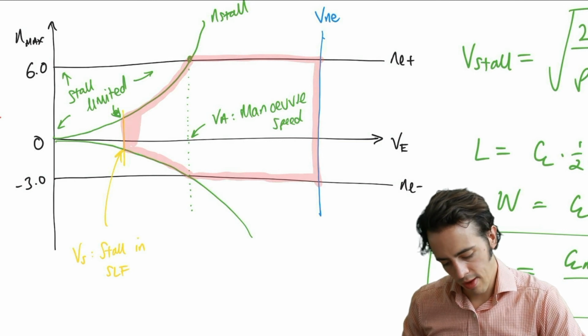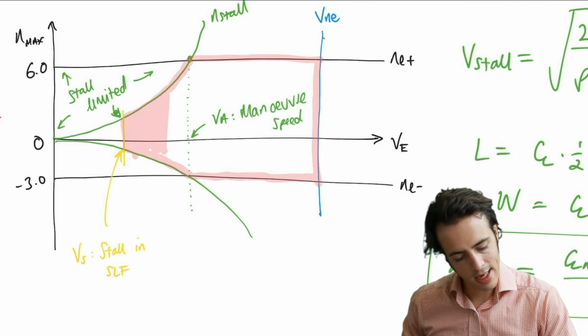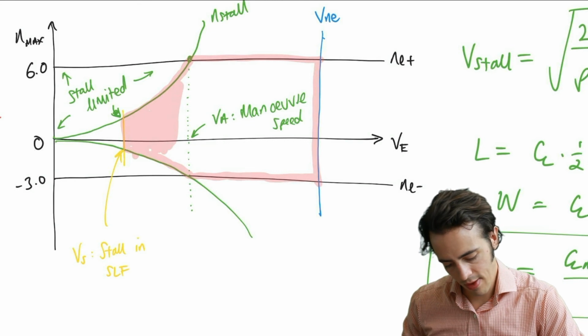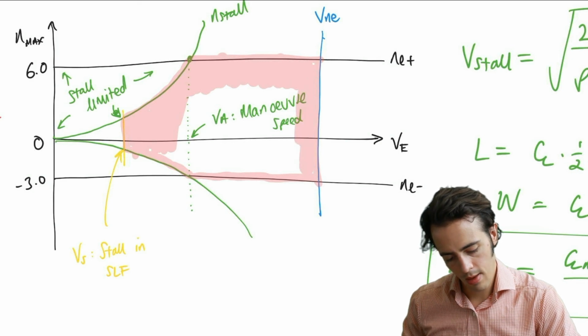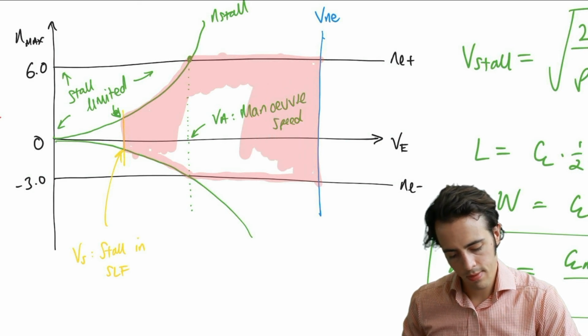I've drawn this in red, which is maybe a bit silly because red's normally a bad colour, but let's just fill this in. It's more of a pink, I suppose, but this is the envelope in which we can fly our aircraft.